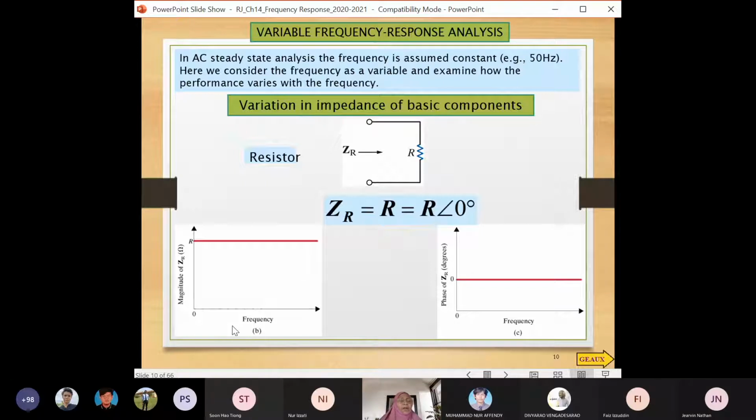For a resistor, the impedance does not change with frequency.